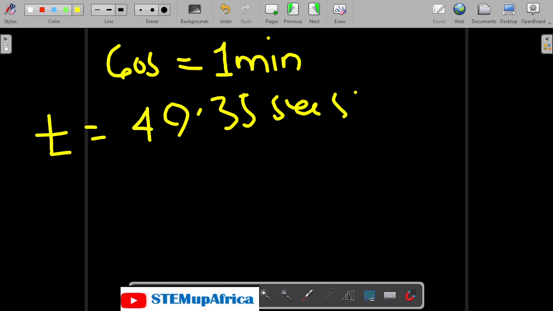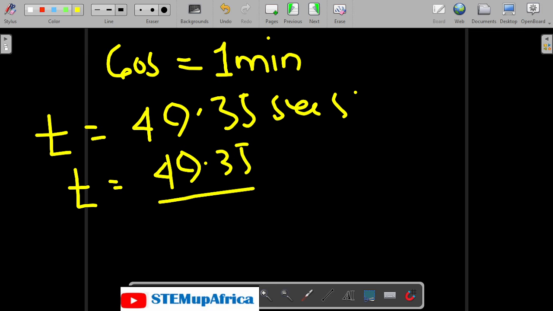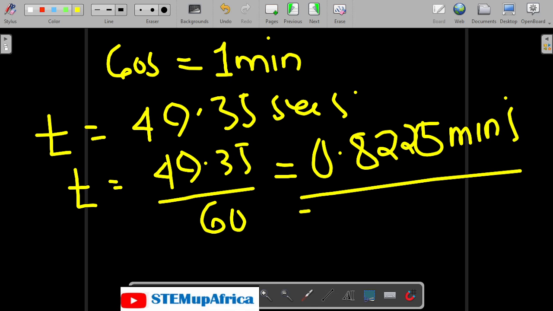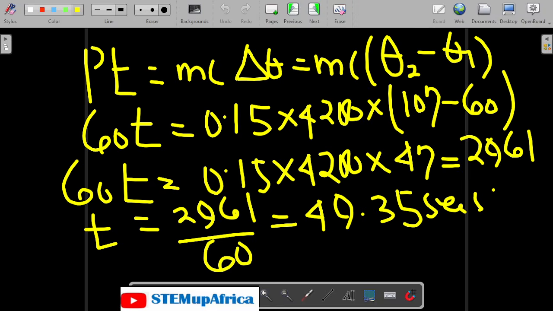If I convert it to minutes, T is equal to 49.35 divided by 60. That will give us 0.8225 minutes. So this is now the answer in minutes.